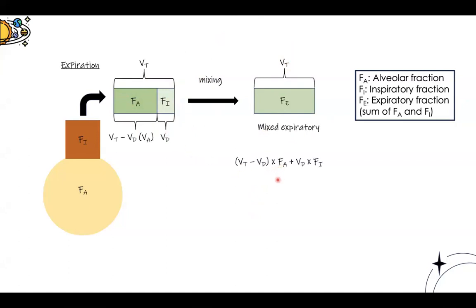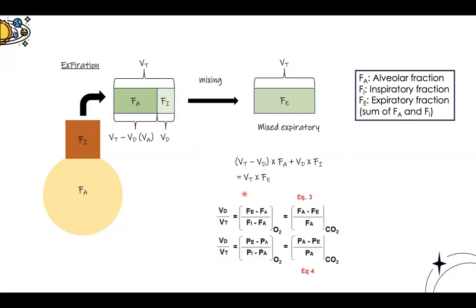Now we have this equation. This was our alveolar volume, and we multiply that by the alveolar fraction, and then we add the dead space volume multiplied by the inspiratory fraction. Then we get this equation, which is equal to the tidal volume times the total expiratory fraction. Again, this reflects what we saw here.